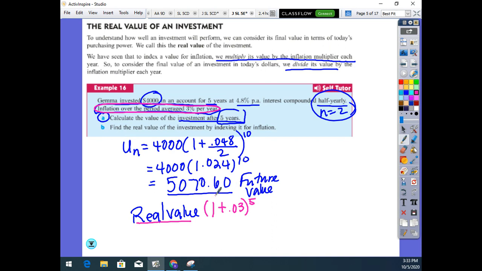Okay, so this is how much inflation is going to decrease my dollar amount. How much will this be, my real value of my invested amount here? So what I'm trying to figure out, how much will $5,000 be worth in 5 years from now? So this is what they were saying. We divide this value, future value, by the inflation amount. So we're going to divide by this.